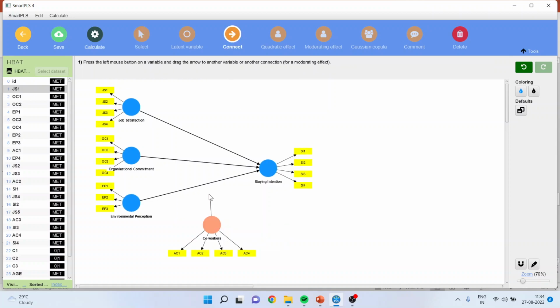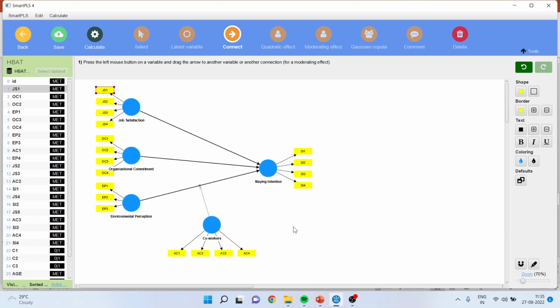Whenever I connect arrow to arrow, the software will clearly understand that you are now talking about a moderating effect. So the co-workers, we want to see whether the relationship of the environmental perception affecting the staying intention is altered by co-workers or not. A major change has happened in the moderating effect menu in SmartPLS-4.